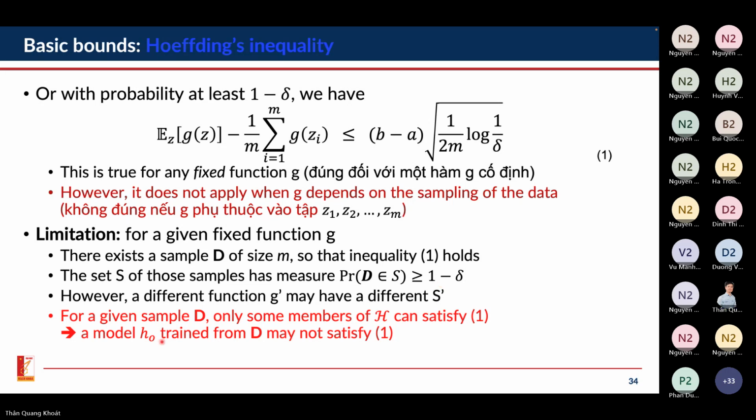When we have a specific training set, only some members in the model family can satisfy this result. And those members may be different from the trained models we obtain, right? So that's why we cannot apply the Hoeffding result directly on our trained model.